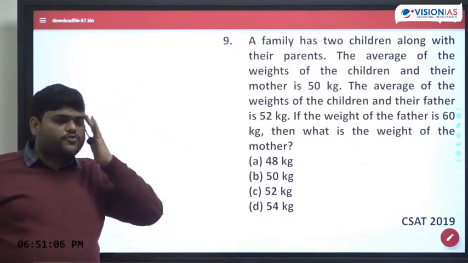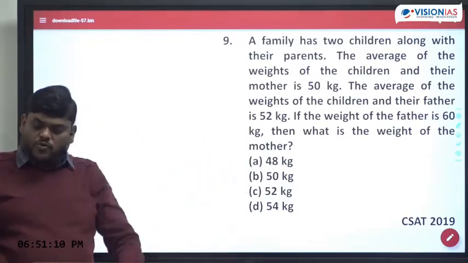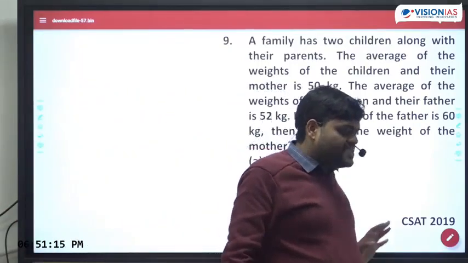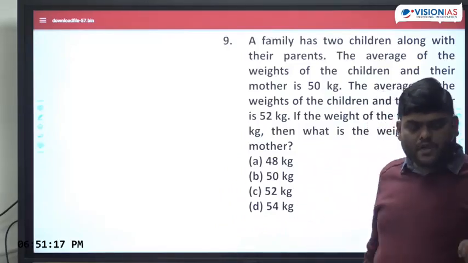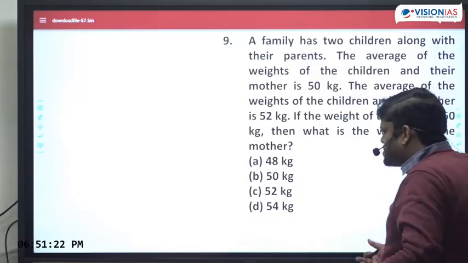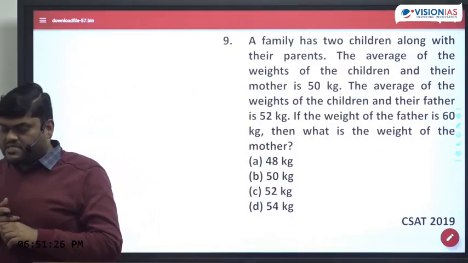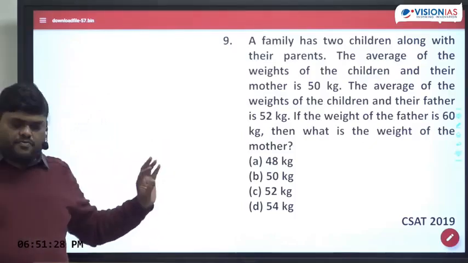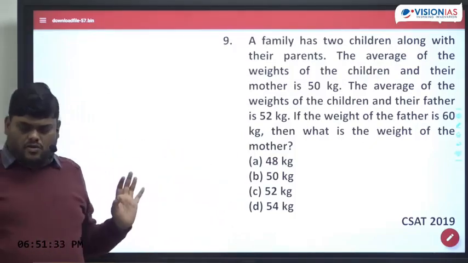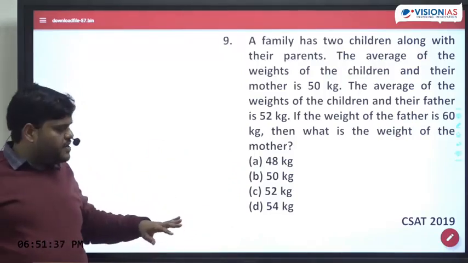That means 2 questions from average, and if you know the concept, even the formula, you can solve this very easily. 5 marks. The CSAT paper is not that difficult, but yes, overall difficulty is there. But if we go topic by topic and understand each topic, it becomes easy. I hope this is clear to everyone.